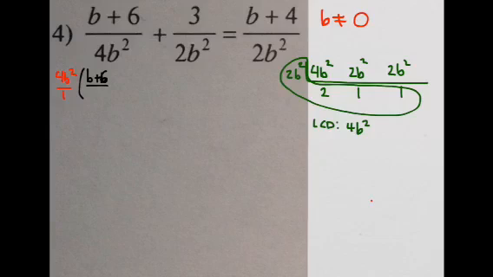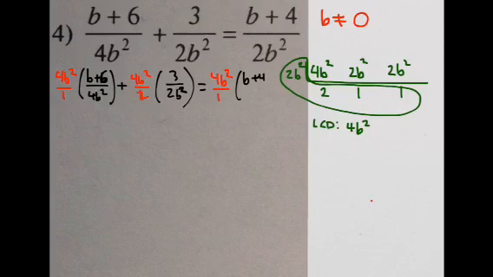So that's a 6. That's a 2 right there. And then 4b squared over 1, oops, why did I put a, sorry about that, that's a 1. And then b plus 4 over 2b squared.